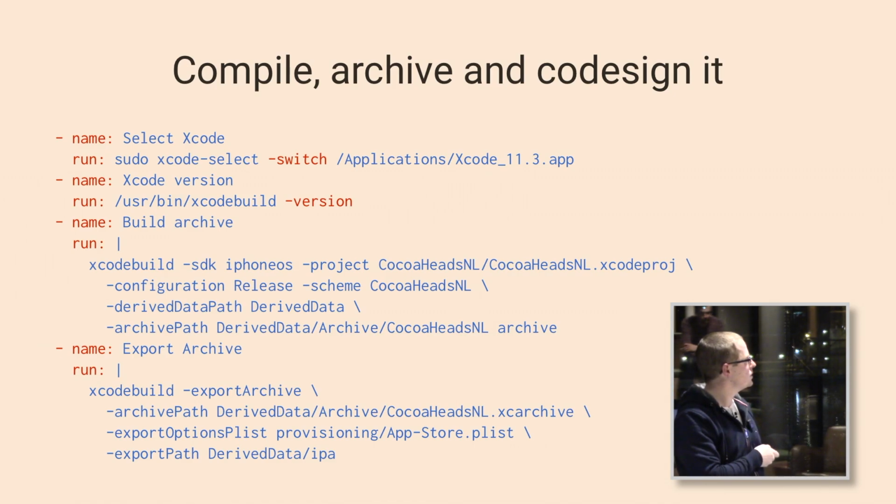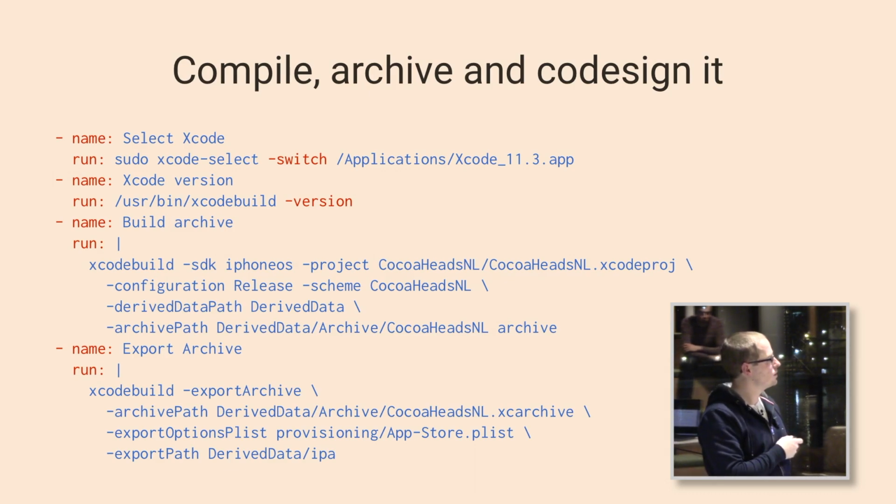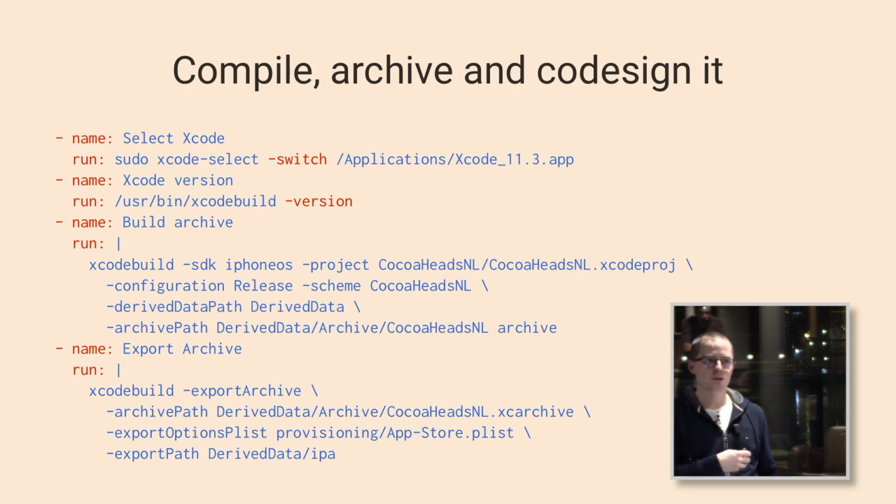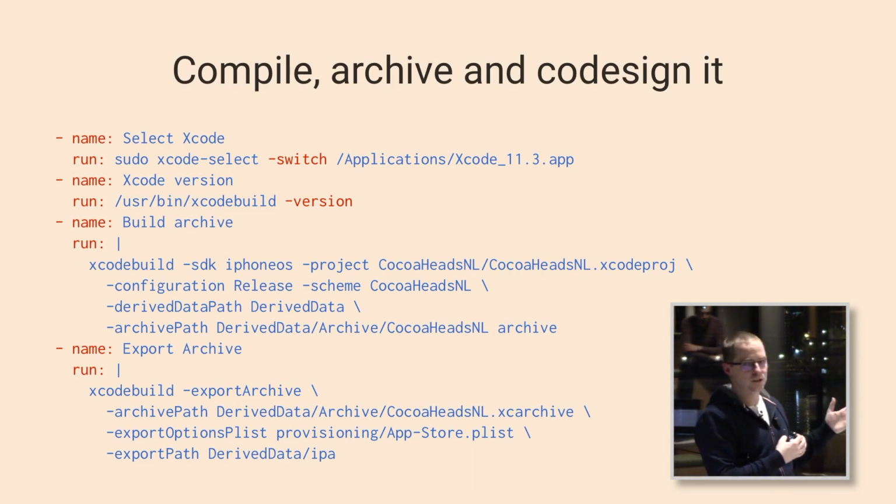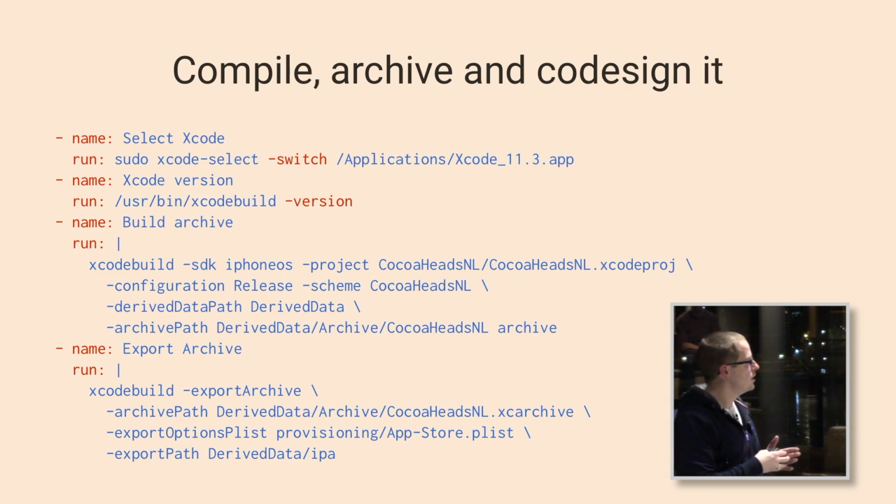The first one, over here, the top one, is select Xcode. That's how you can select which Xcode you want to use, so which tool train you want to use, because on one of these macOS latest hosted runners, you have I think about 7 or 8 different Xcode versions available that you can choose from to run your code with.